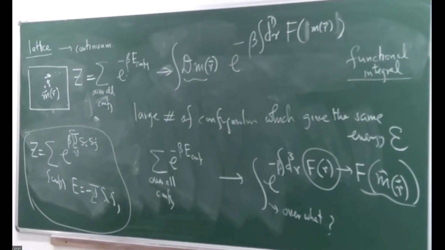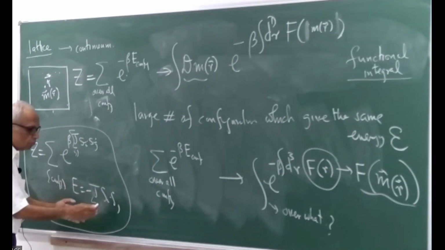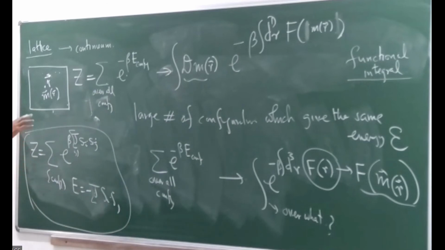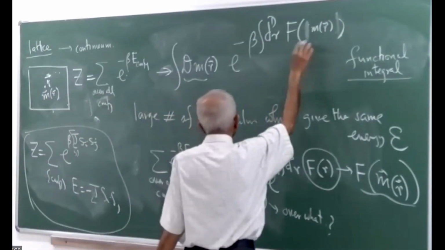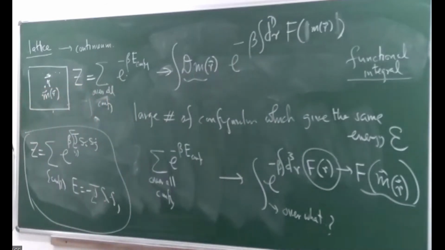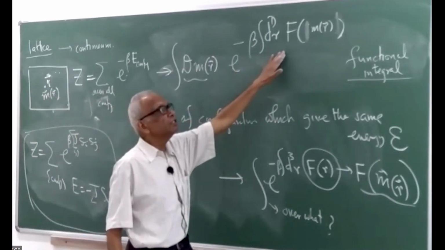Now your total energy over here depended on exactly what the configuration of the spins is, right? You need to know the spins at all possible sites in order to know what the total energy is. Over here, I need to know what the magnetization around every point is in order to get the total free energy.